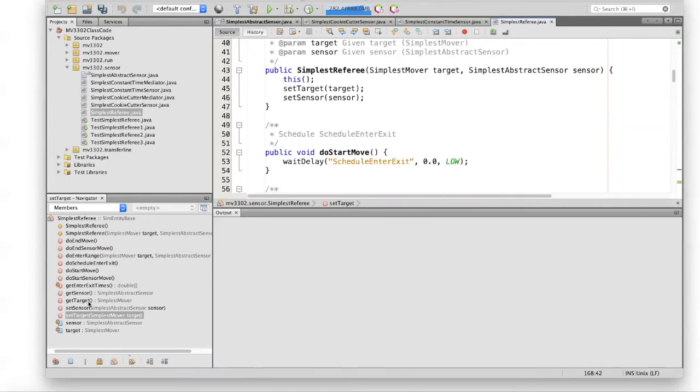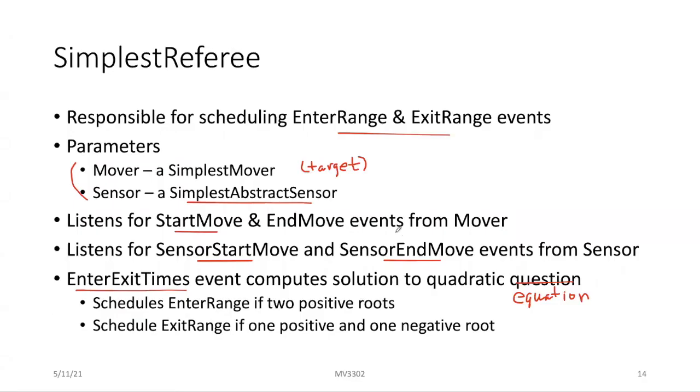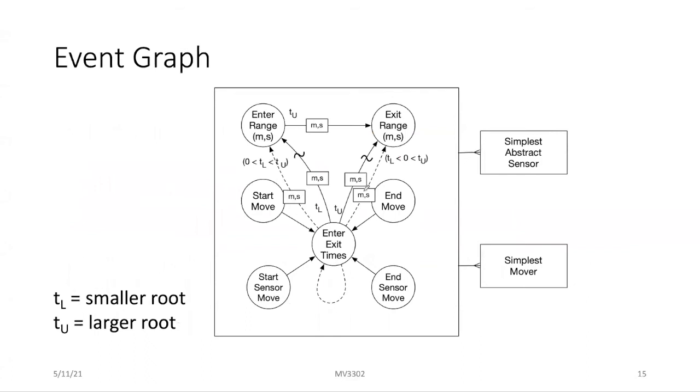All right, so let's look at our events. Okay, so here the event graph looks a little bit complicated, but here's the thing. So here's our sensor and our mover, and we're listening to both of those, and we're listening for the start move and end move events, and start sensor move and end sensor move events there.